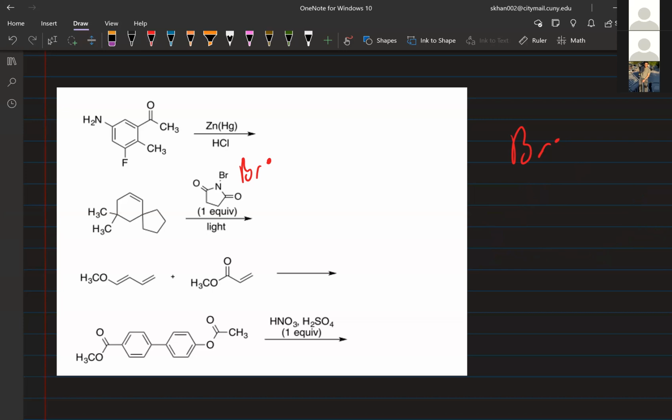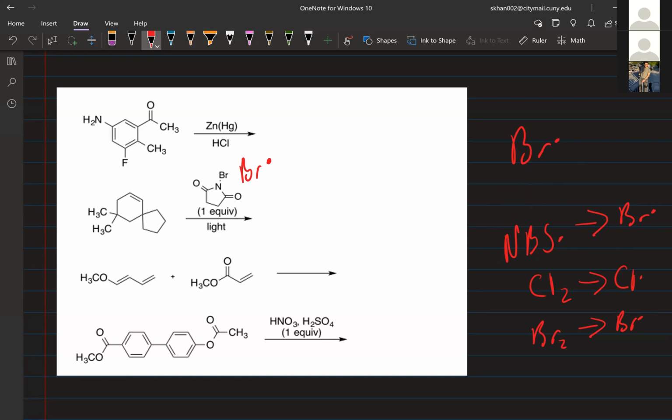But whenever you see NBS, right, which you learned in Orgo 1 and relearned here, which is why he brings it up, all you could think of that as is Br radical. Same thing when you see Cl2 in some sort of radical reaction, it's the source of the Cl radical. Br2, the source of the Br radical as well, right?